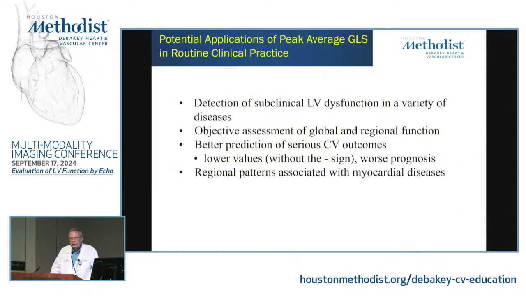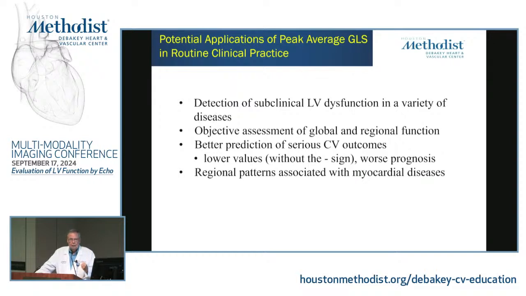All right, so what are we using this for? Well, clearly, the beauty of this technique is it allows us to pick up subclinical myocardial dysfunction in a variety of diseases. It's somewhat objective because it's done by a process of the machine. Doesn't mean that it's perfect, doesn't mean that I cannot screw it up, but it's more objective than our eye.